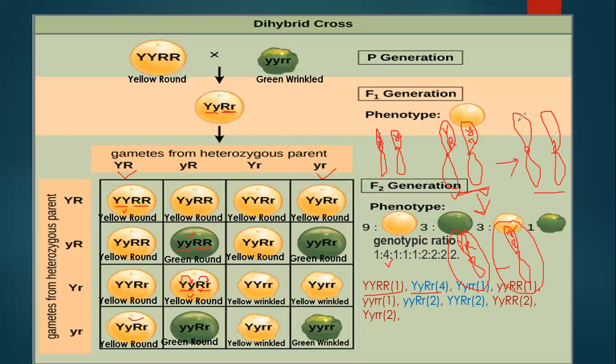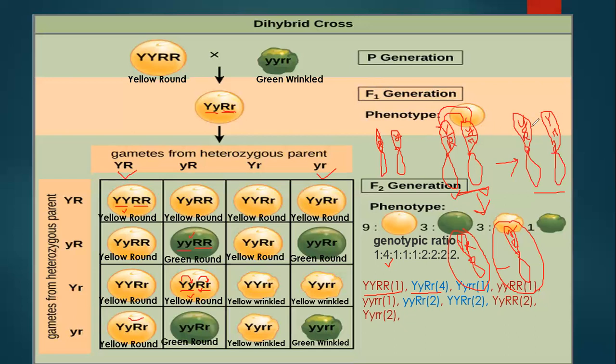Suppose small y comes to this place, capital R remains at this place, and capital Y goes to this place. In crossing over, a part of a chromosome will move to the other place, taking away the genes. So capital Y will come to this place, and the small y portion of the chromosome will move to the other place.